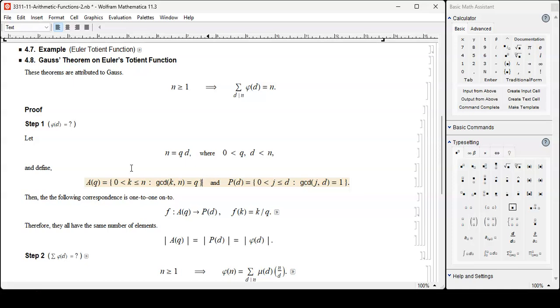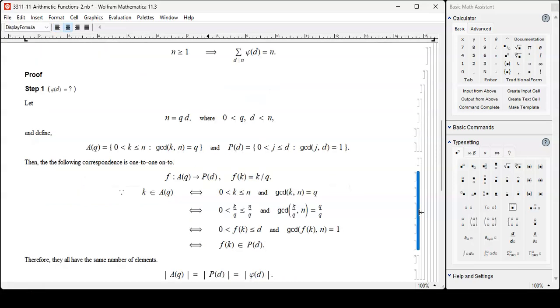Now this one is a little bit harder to see: the number of positive integers not exceeding n that are relatively prime, not relatively prime, excuse me, that have GCD precisely Q. Interesting. How does that work?